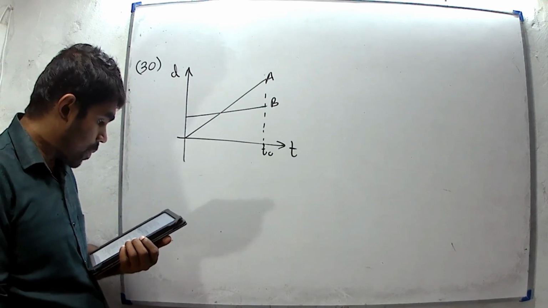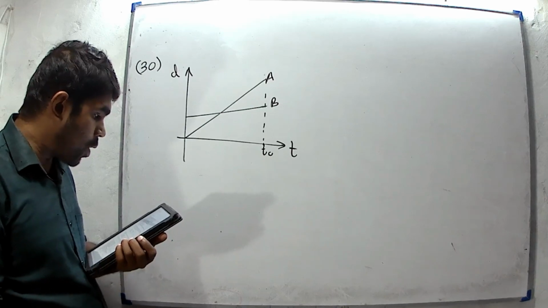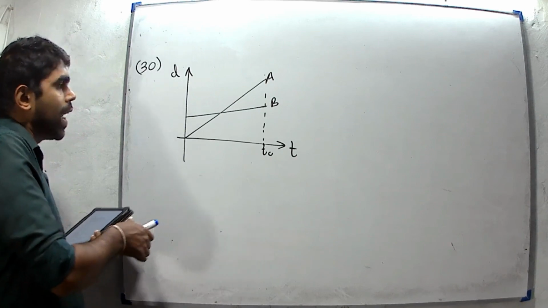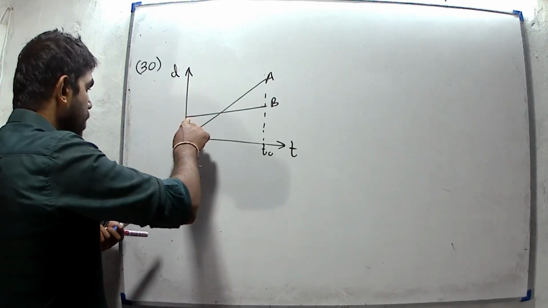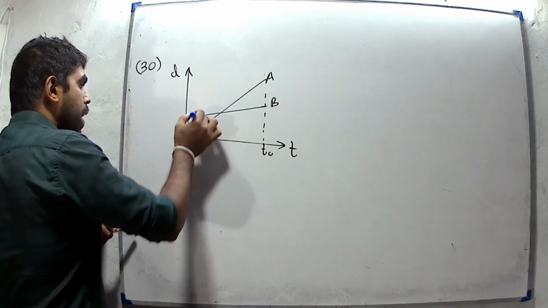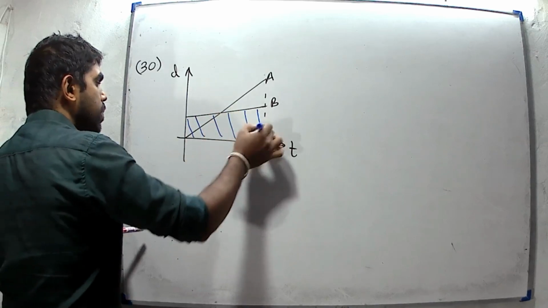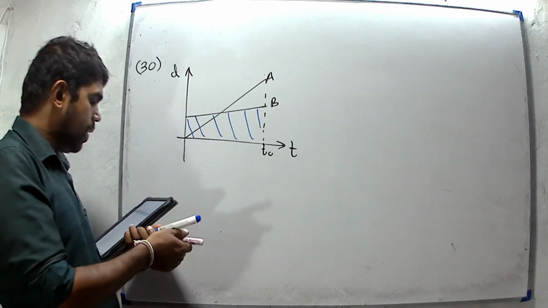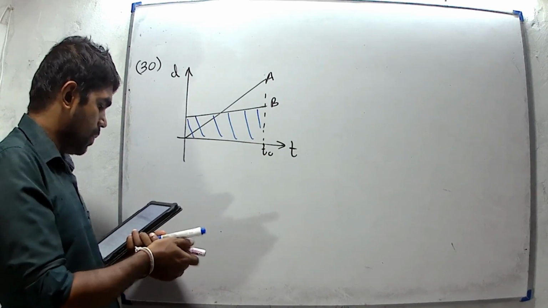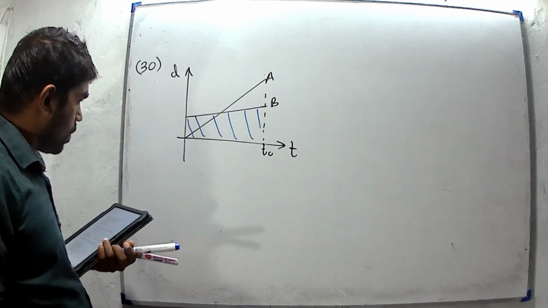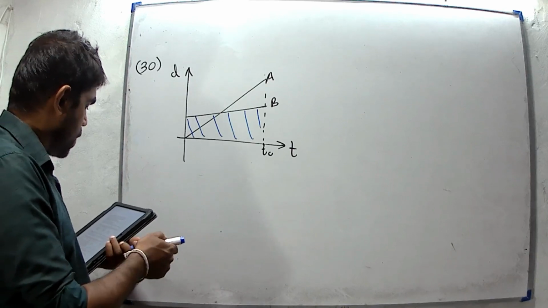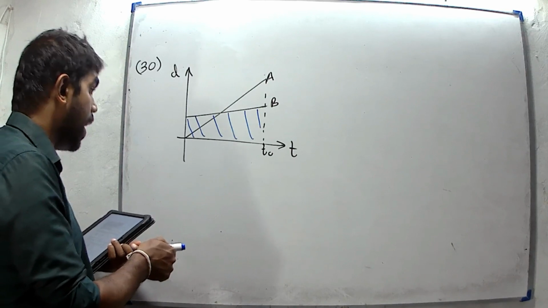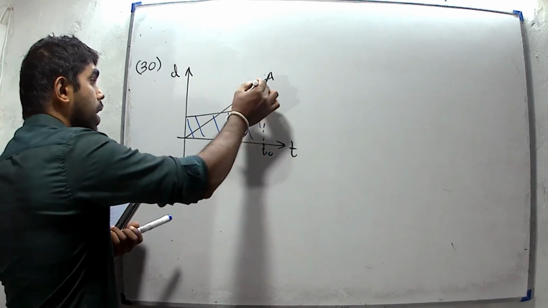Second one, when t equals t naught, object B has made a displacement greater than A. We can get the displacement of B by using the area of this part, and the displacement for the second object, object A, by using the area of this part.